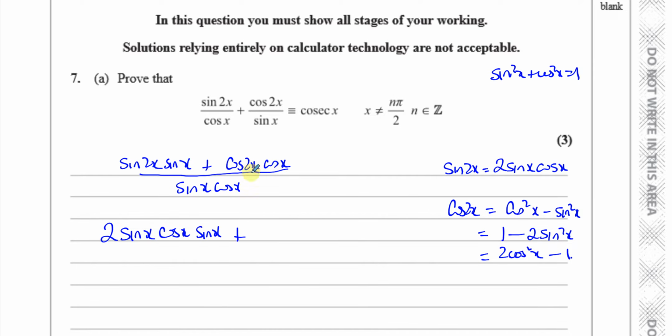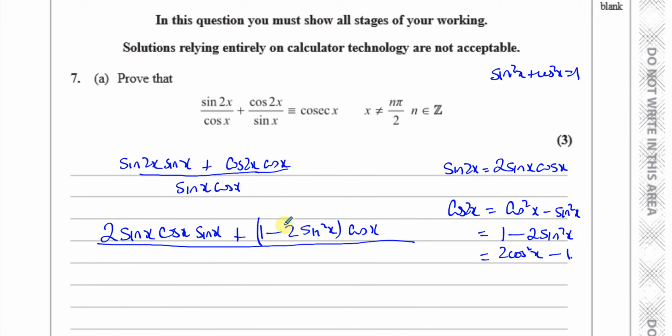I think I will write this as 1 minus 2 sine squared x, because then I'll have a like term with these, maybe. I'm going to have sine squared x times cosine x, and that might get rid of something. I'm trying to figure out how I'm going to simplify this. I'm thinking that this is going to end up being 2 sine squared x cosine x.